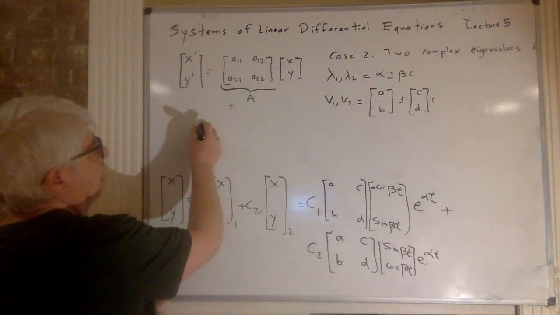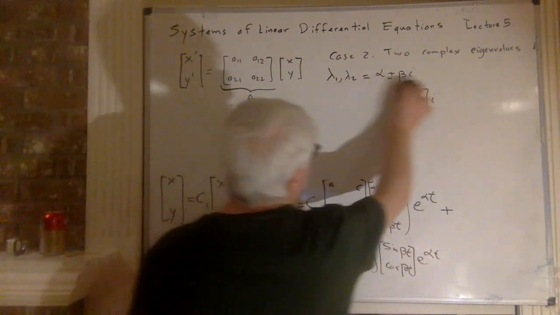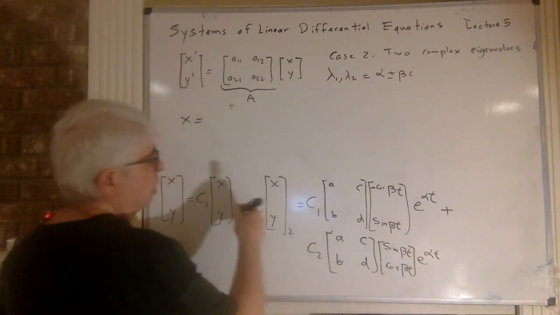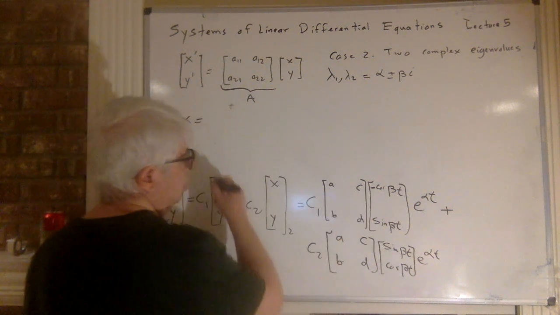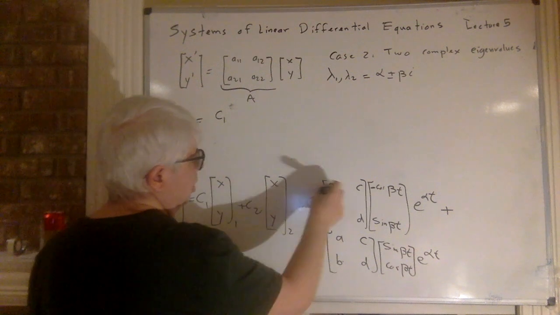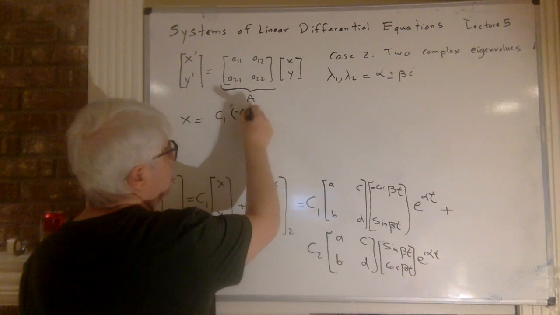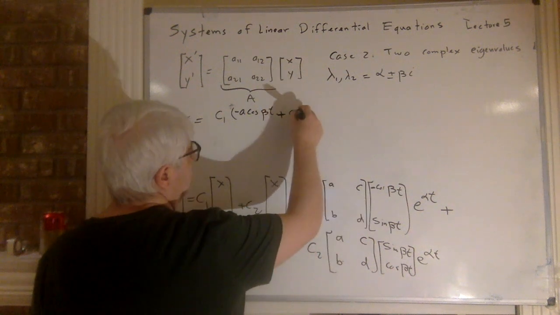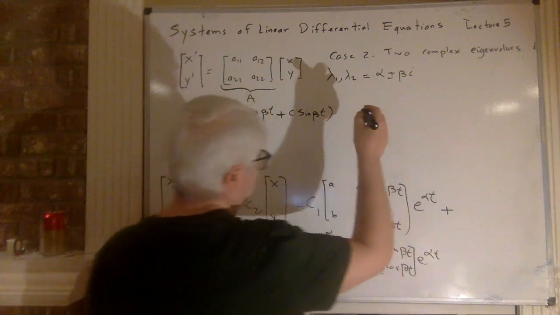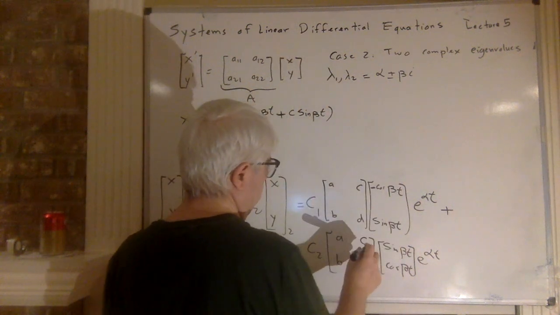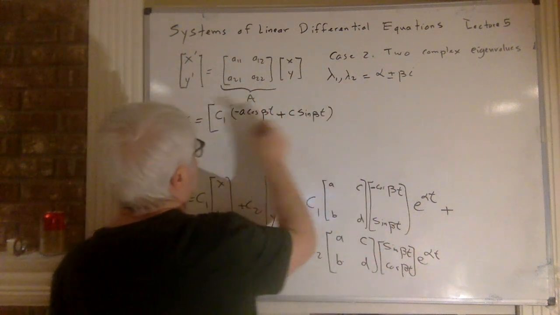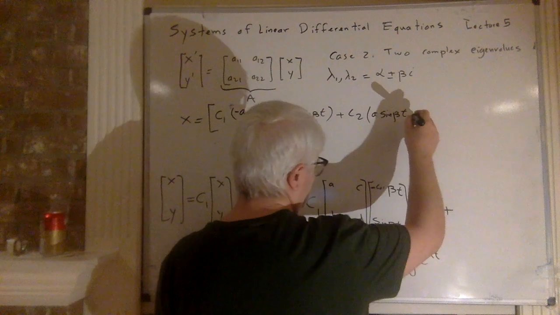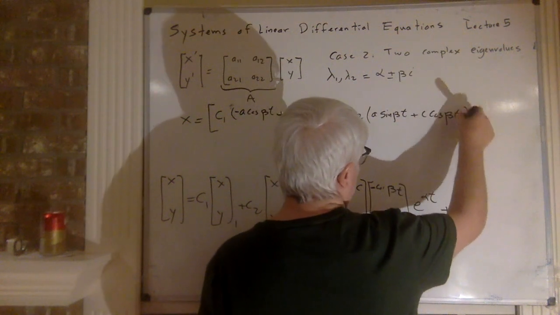So x will be C1 times A, minus A cosine beta t plus C sine beta t, and plus C2 times A sine beta t plus C cosine beta t, and the whole thing times e to the power of alpha t.